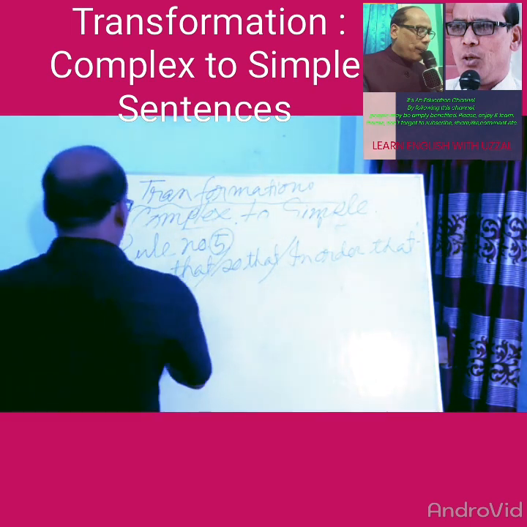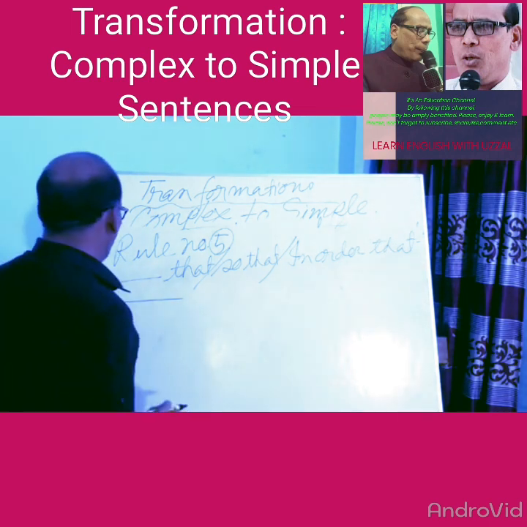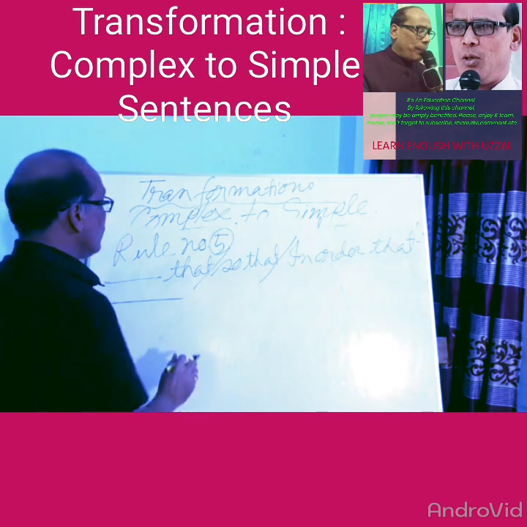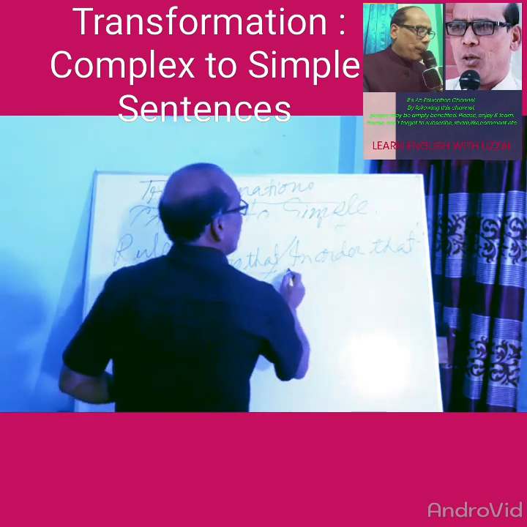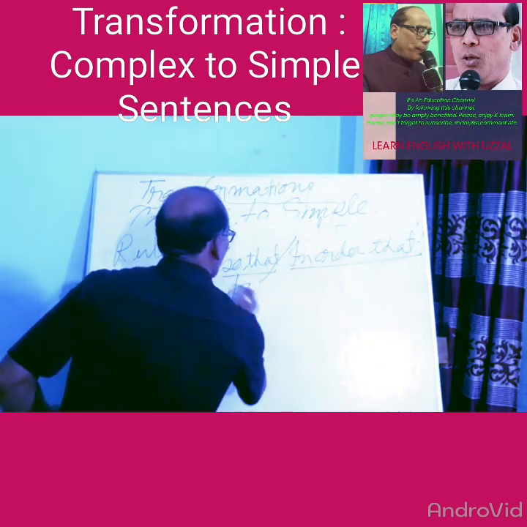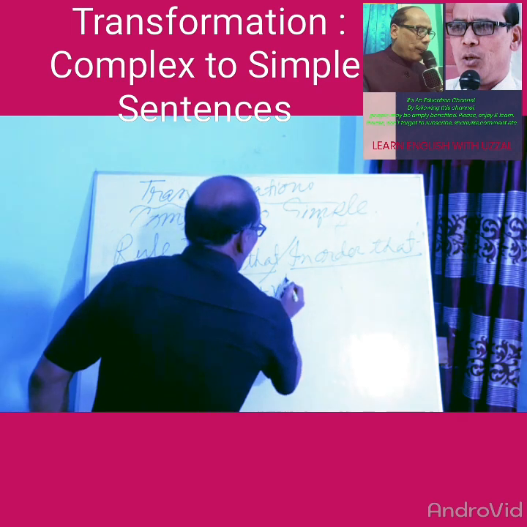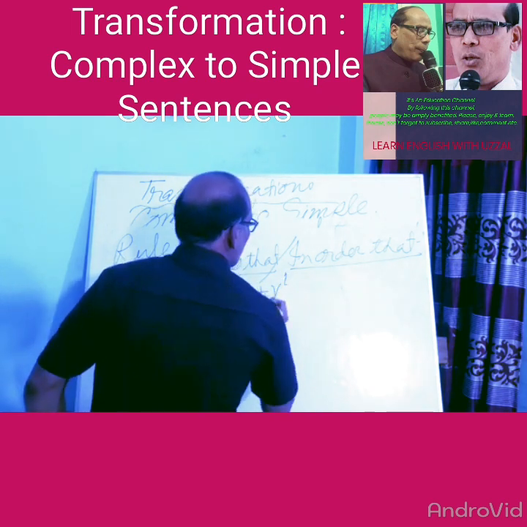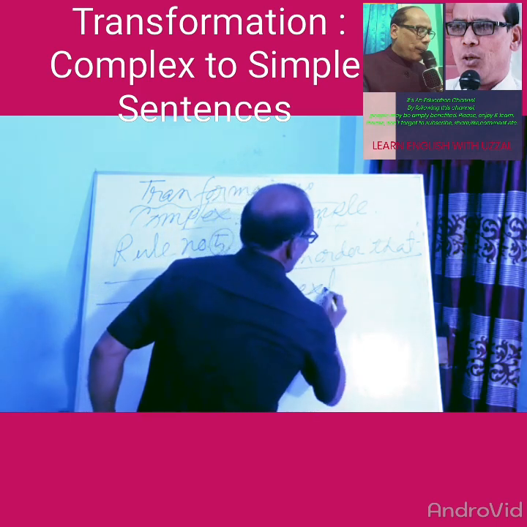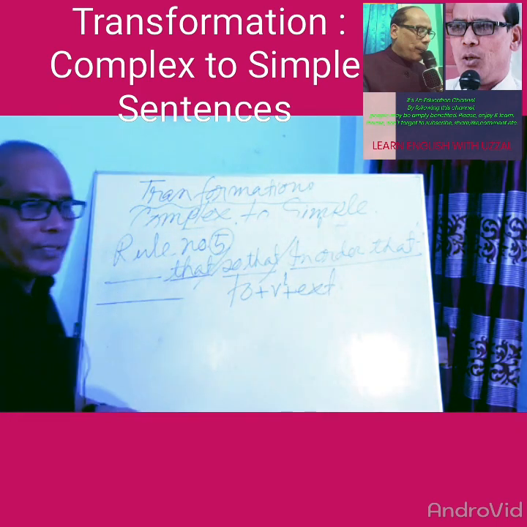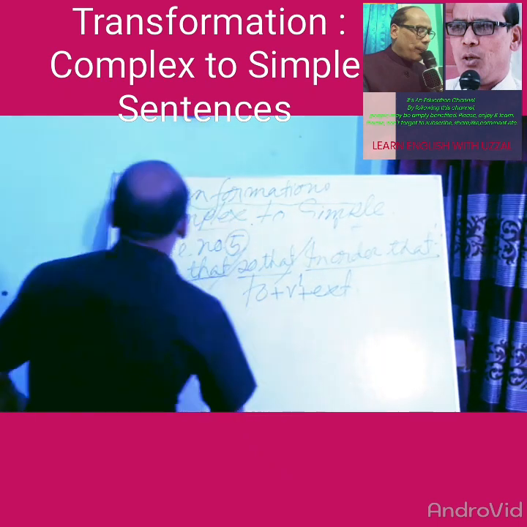We have to write the first portion of the sentence. Then in the place of so that or in order that, we will have to use only to. And after to, there will be B1, that means the present form of the main verb plus extension, that means the rest of the sentence. Very easy rule.